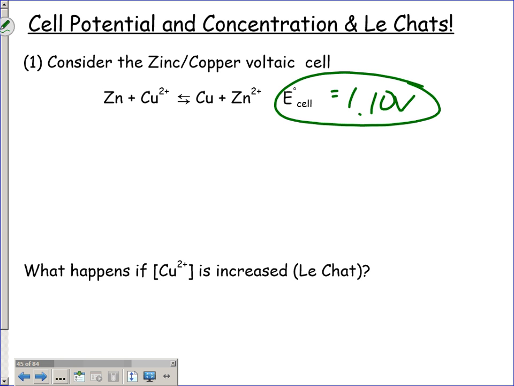AJ, help me out. So if you increase the concentration of the copper ion, equilibrium will shift to the right. E cell becomes what? So more what? Make a choice and stick with it.